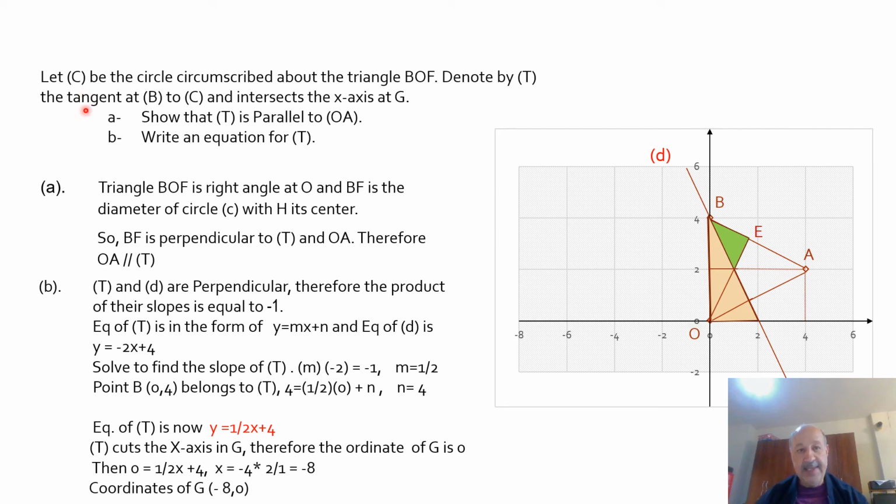Now, let C be the circle circumscribed about triangle BOF. So let's continue and locate F again. This is F, and let's draw C. This is C, circumscribed about triangle BOF. Denote by T the tangent at B to C, which intersects the x-axis at G. Let's draw it.